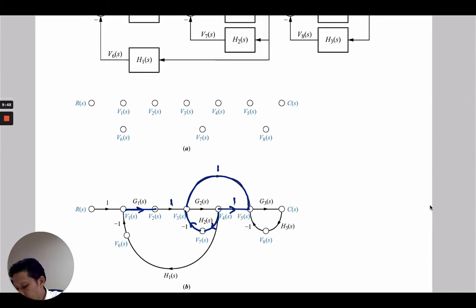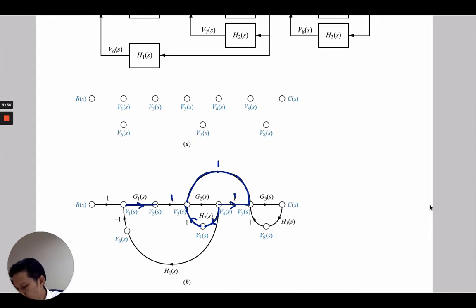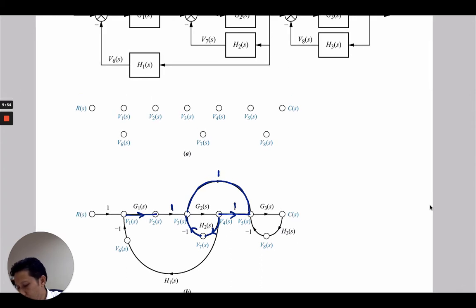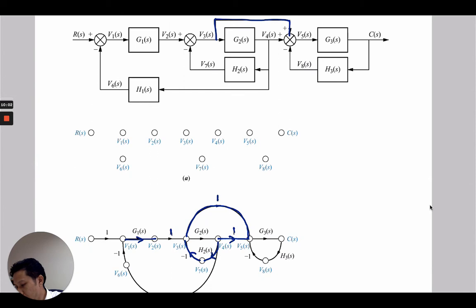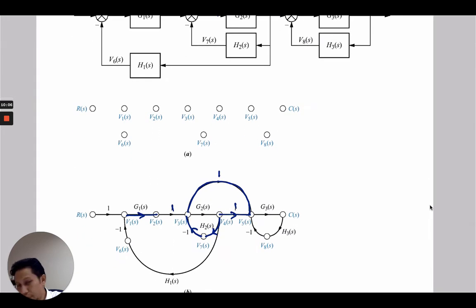And finally, we have another connection between V1, V4, and V6. In this connection, we have negative H1: H1 and negative 1.